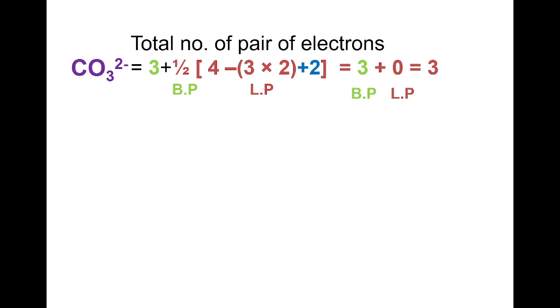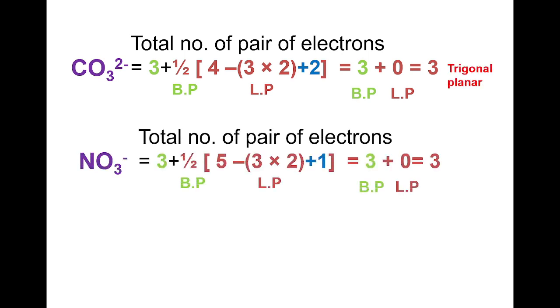Here, since we have 2 minus, we have to add plus 2, not subtract 2. So we'll get 3 bond pairs, 0 lone pairs from this calculation. So the shape will be trigonal planar.